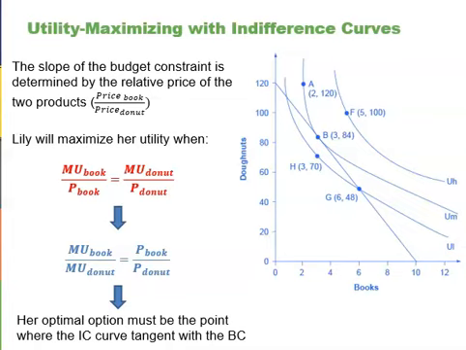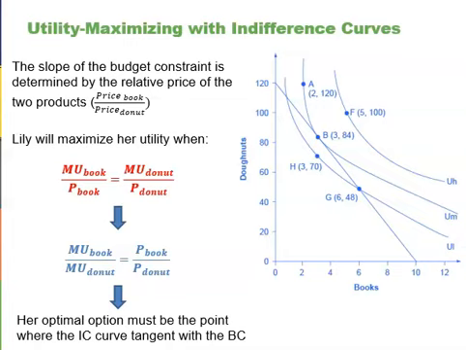So the blue equation means Lily's optimal option must be the point where the indifference curve is tangent with the budget constraint. It is represented by point B on the graph, where Lily will buy 3 books and 8 to 4 donuts.